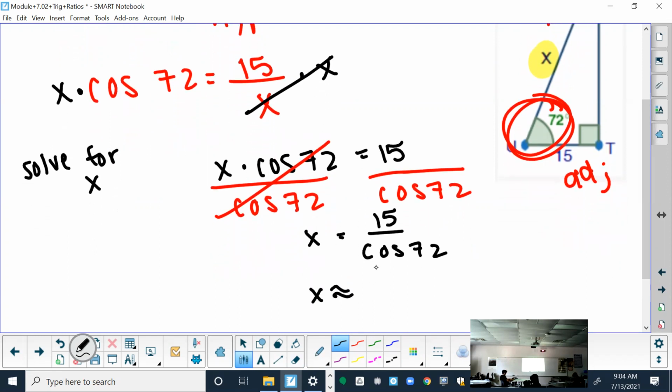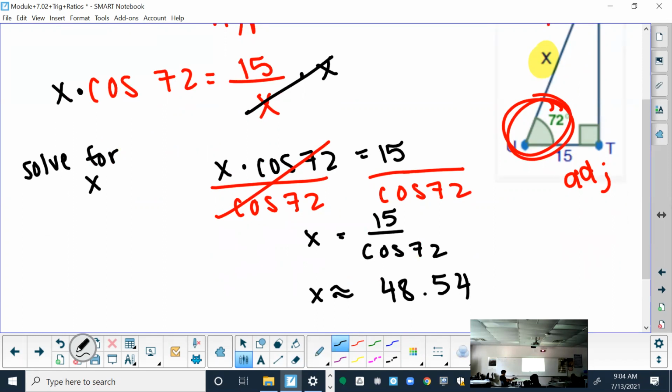Put it all together in your calculator. Good. And it says hundredth, so I'll put to the hundredth.